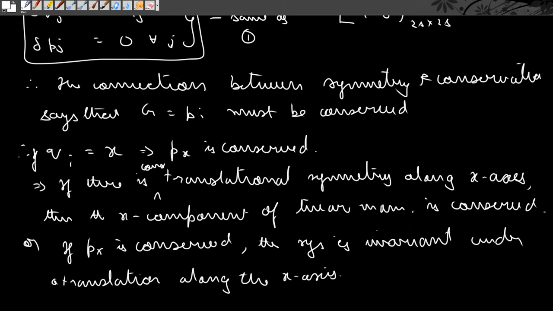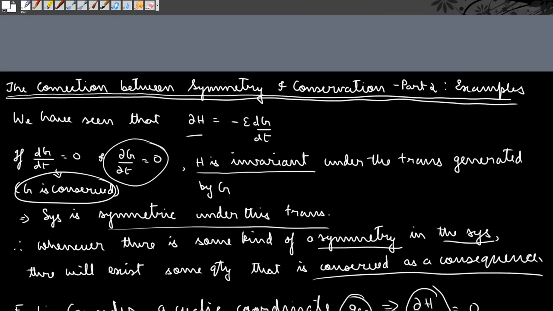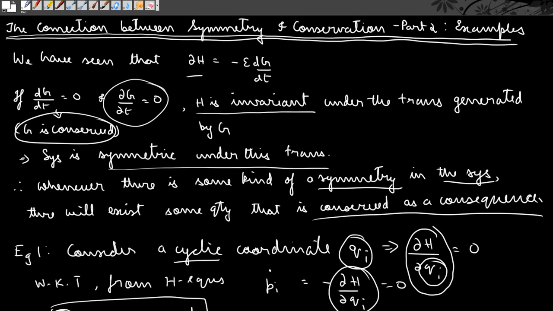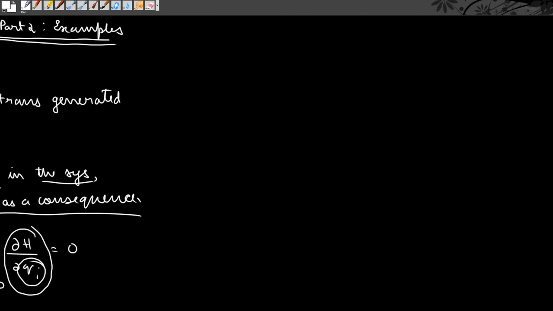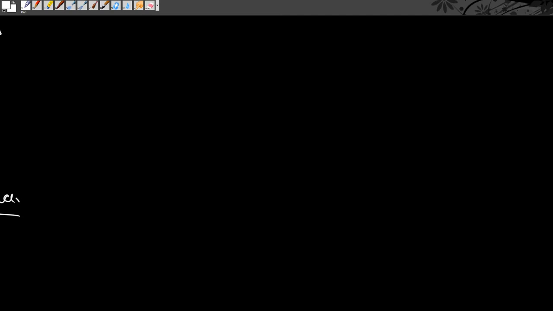Okay, so let us consider another such example, and in this case, instead of translation, we are going to consider rotation of the system about an axis. And what we will see is that when the system is symmetric under such a rotation, the angular momentum component about that axis of rotation is going to be conserved.